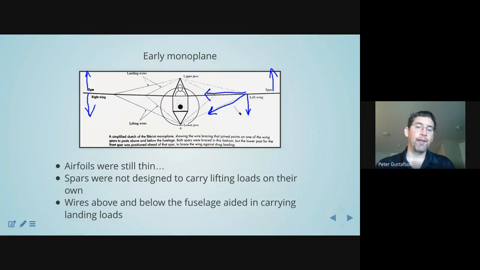So in addition to the down force that we're showing on the right-hand side, we also have these cables creating the same sort of vector components of force in the so-called landing wires. So we have landing wires and we have lifting wires.